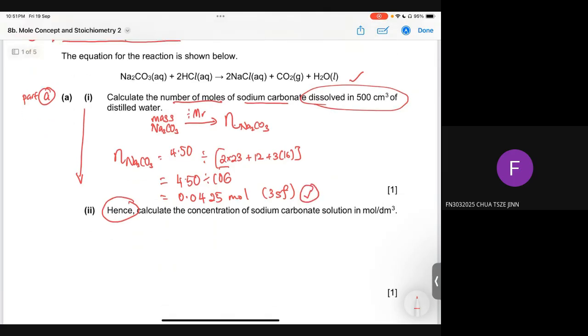They say calculate the concentration in mole per dm cube. I know that I have the moles of sodium carbonate, and they want me to find the concentration. To do this, I divide by the volume, because mole divided by volume gives me the concentration.